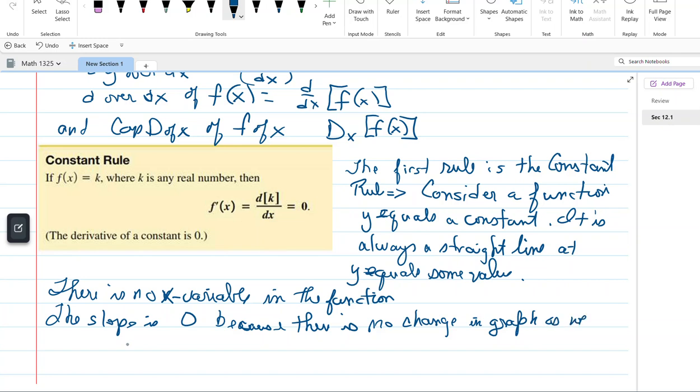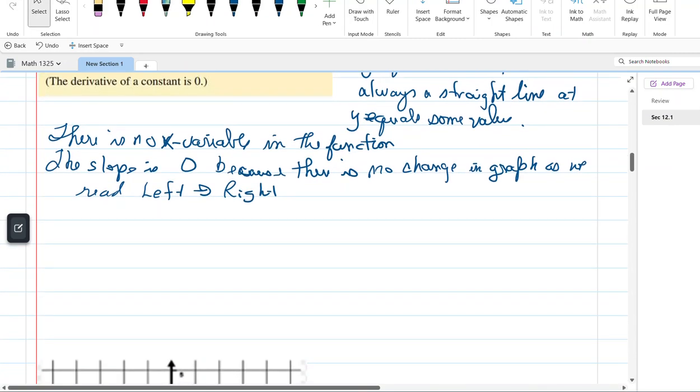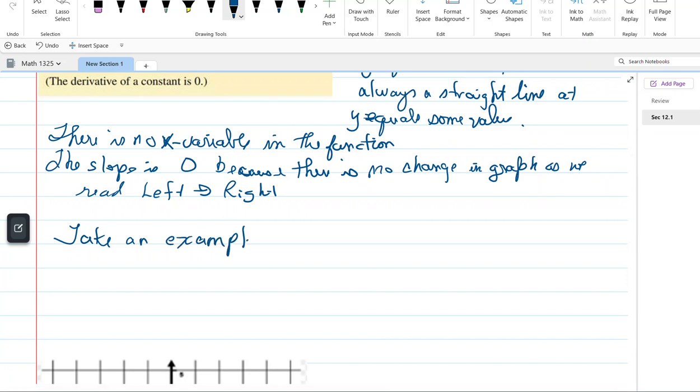So we read left to right. Y equals 3. No matter the x value assigned, y is always 3.